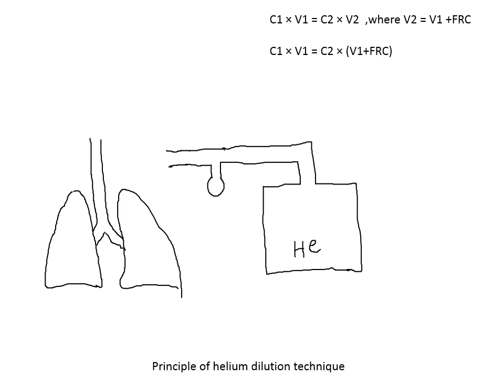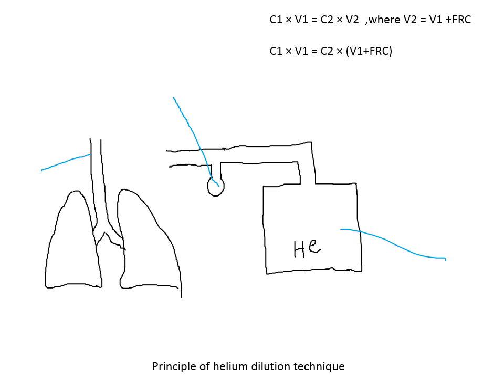Let me explain the principle of the helium dilution technique. Here we have a subject, this is the container having the helium mixture, and this is the helium analyzer. Here the subject breathes normally at a tidal volume, and breathes into a closed system continuously until helium equilibrium is achieved.